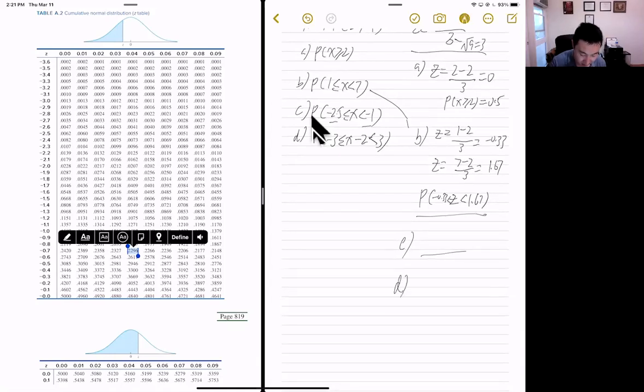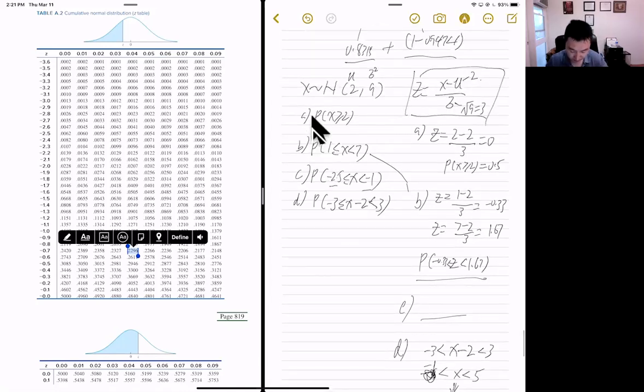For D, so D is for x between these two. Okay, so we should simplify this. So every part plus 2 will be minus 5 to plus 2, minus 1 to 5. Okay, and then you transfer to two z-values based on this equation.